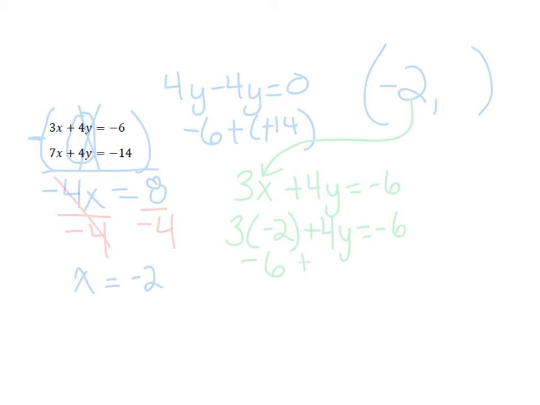Negative 6 plus 4y equals negative 6. Add 6 to both sides, and I get 4y equals 0. Divide by 4, and I get y equals 0. So my intersection point is negative 2, 0. You want to take that and plug it back into your two equations to make sure they are correct.